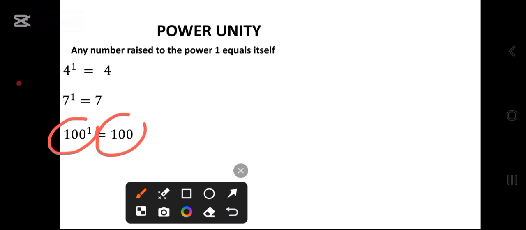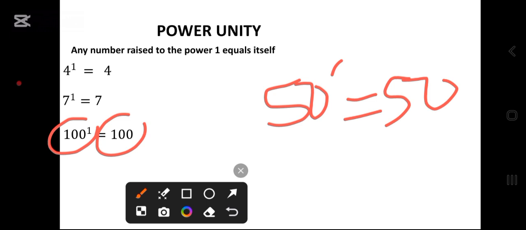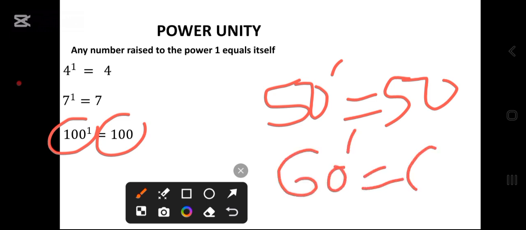So any number raised to the power 1 equals itself. 50 raised to the power 1 will give us 50. 60 raised to the power 1 will give us 60.